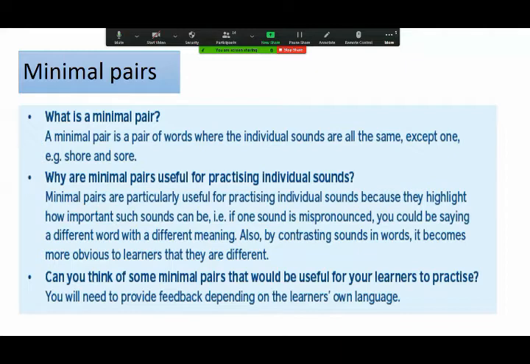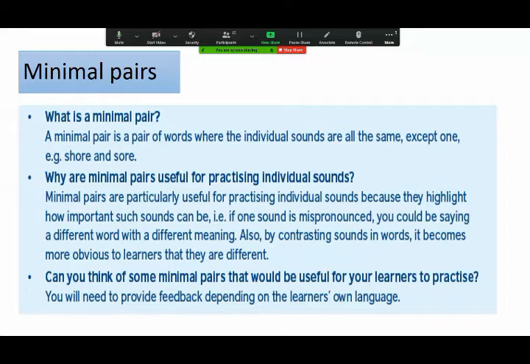Also, by contrasting sounds in words, it becomes more obvious to learners that they are different. So, can you think of some minimal pairs that would be useful for your learners to practice? You will need to provide feedback depending on the learner's own language.